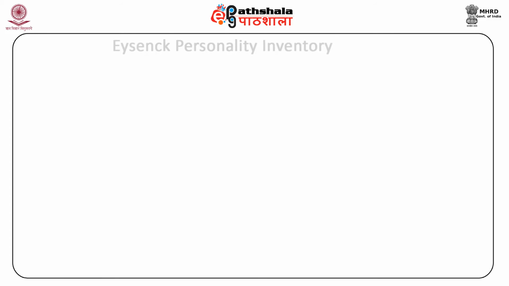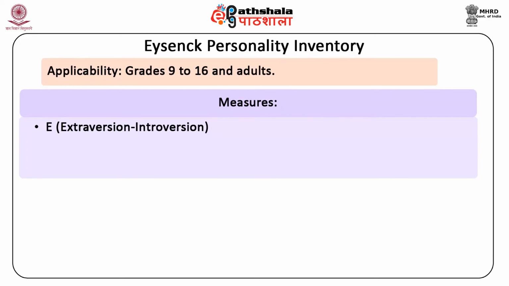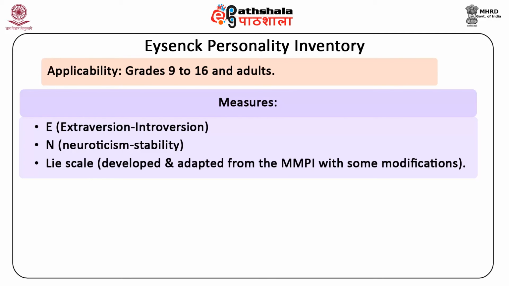Eysenck Personality Inventory. Applicability: grades 9 to 16 and adults. Measures E, that is extroversion-introversion, N, that is neuroticism-stability, and a Lie scale, developed and adapted from the Minnesota Multiphasic Personality Inventory with some modifications.